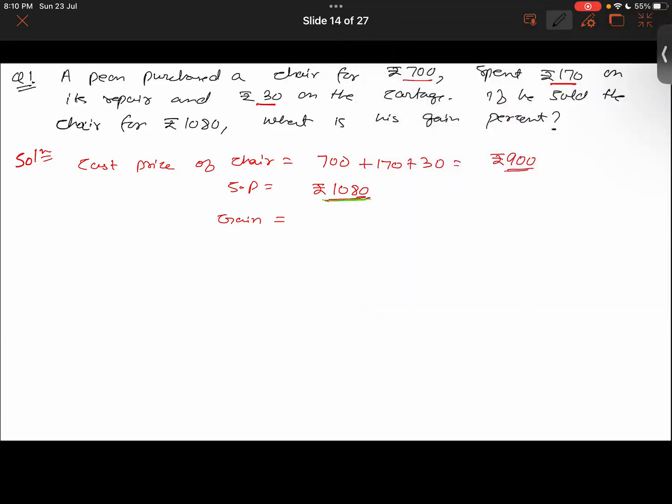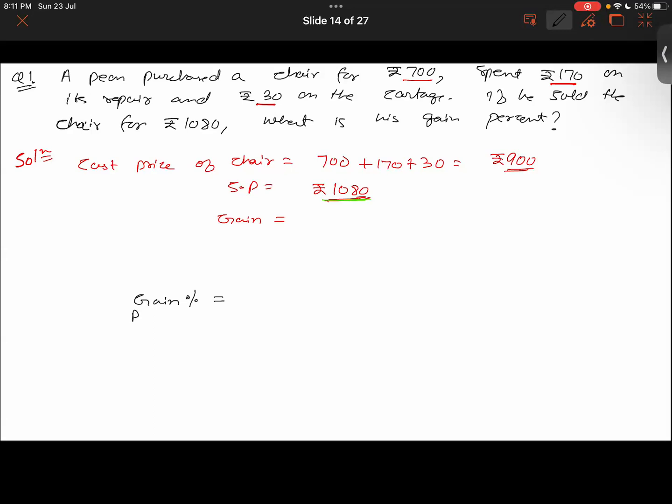Sir, the formula would be profit divided by cost price. No, look, that is another thing. In order to find the gain percent, first you need to know about the gain. The formula required to find gain percent: how do you find gain percent?